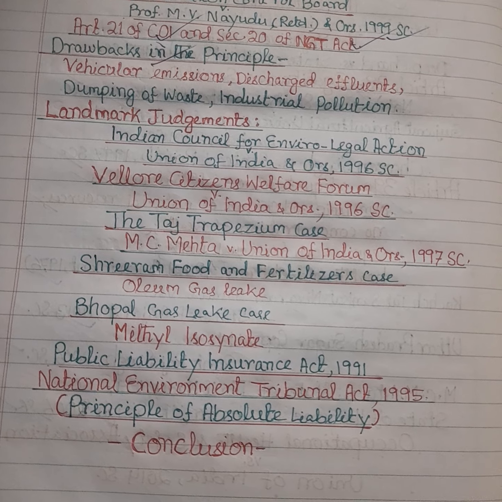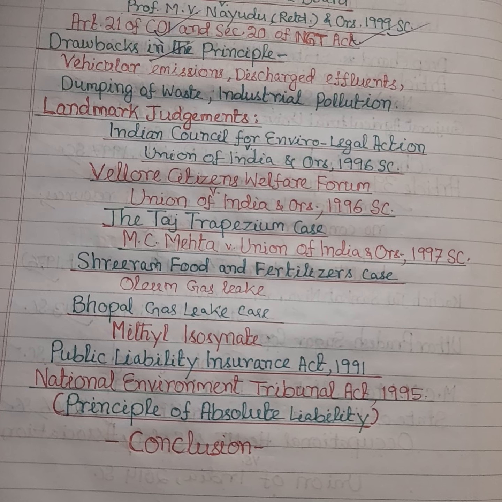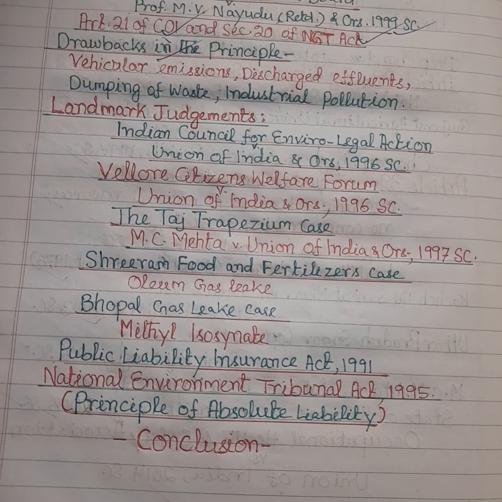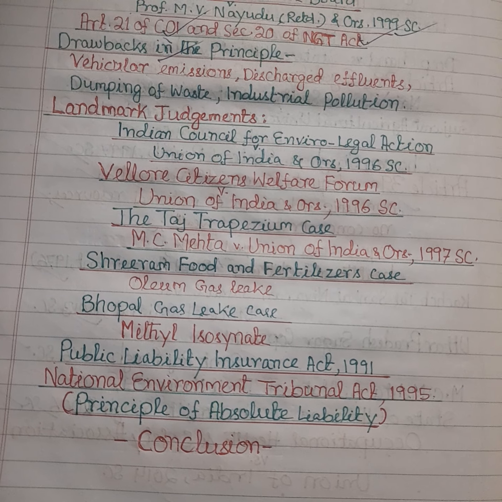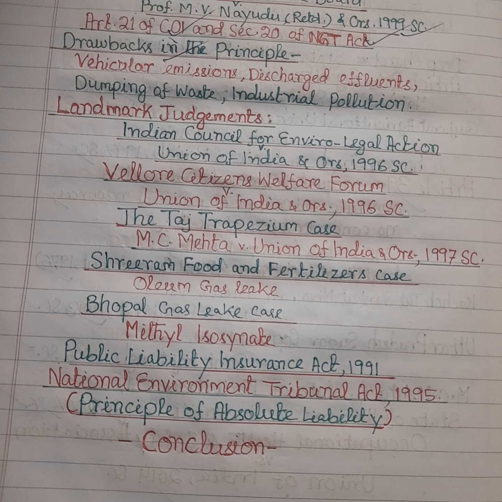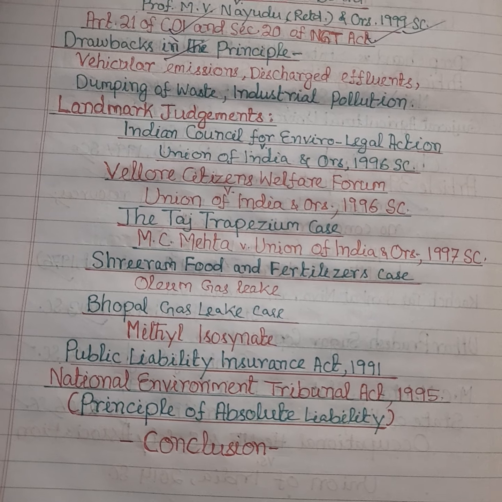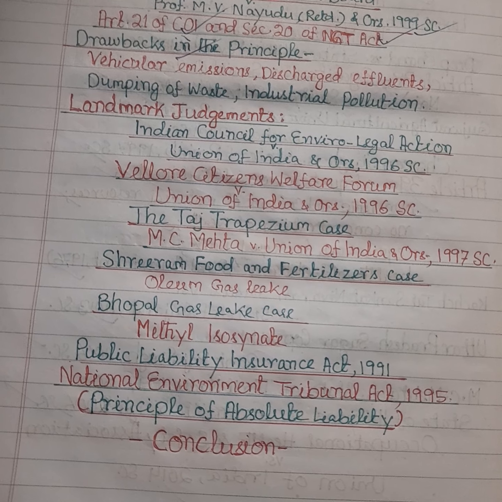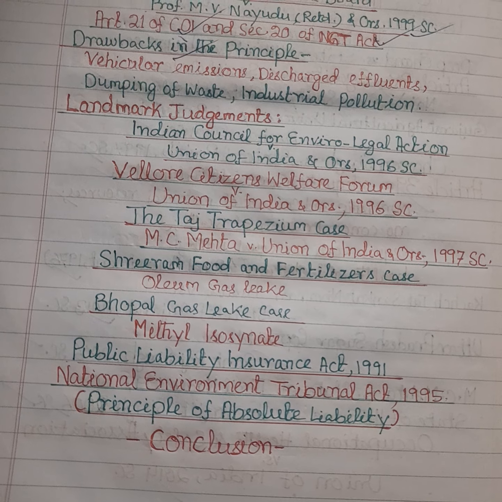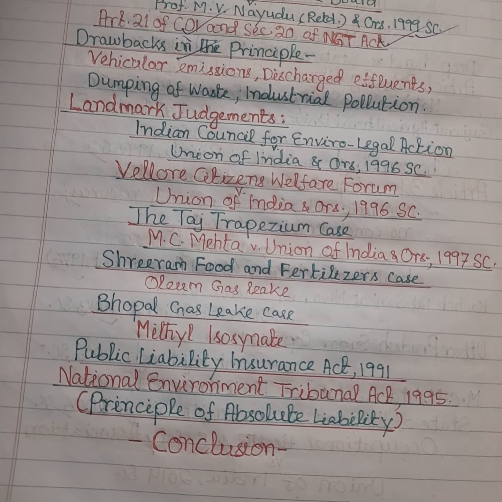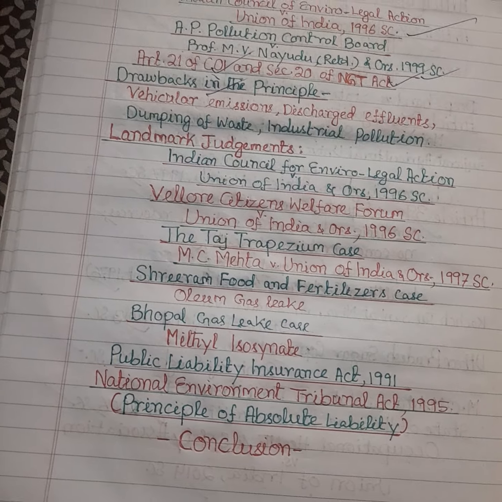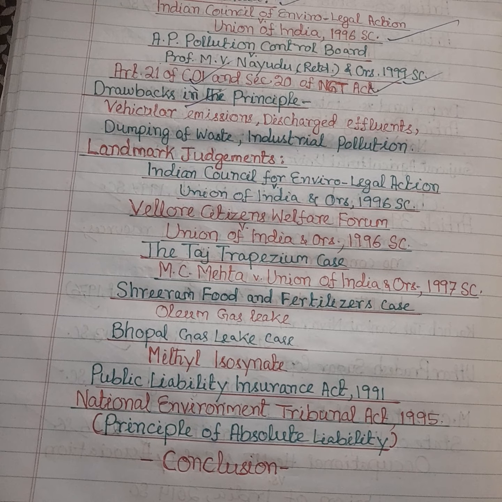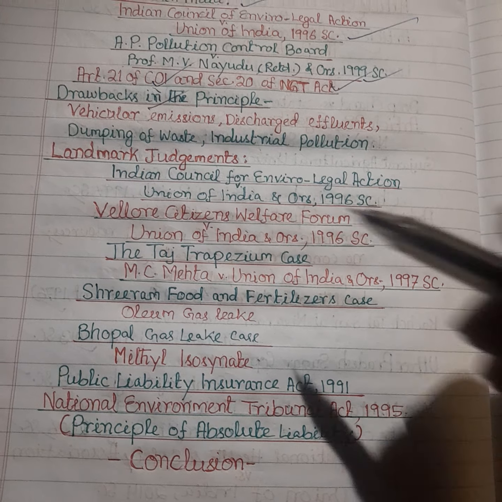Yet the main focus of this lecture is on industrial pollution, as compensation for industrial pollution is primarily emphasized in the polluter pays principle. Is it the owner of the vehicle or the manufacturer who is to be punished for the vehicular emission? Unfortunately, there is no clear mention in the polluter pays principle as to who is to be made liable for the vehicular pollution.